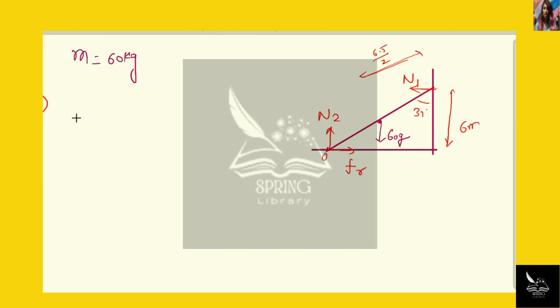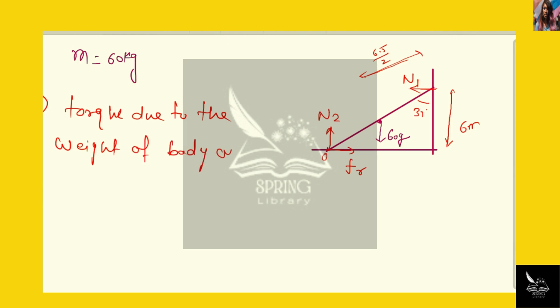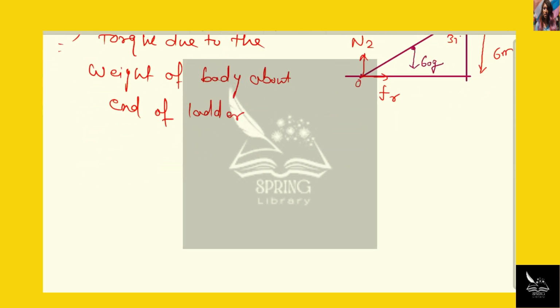So the torque due to the weight of the body about the upper end, let this end be A. So we have to find the torque about A, and this torque is due to the weight only.